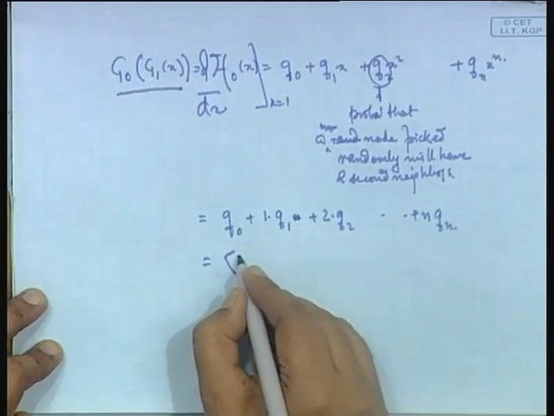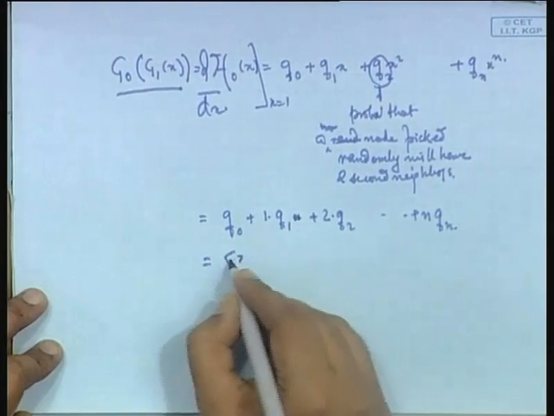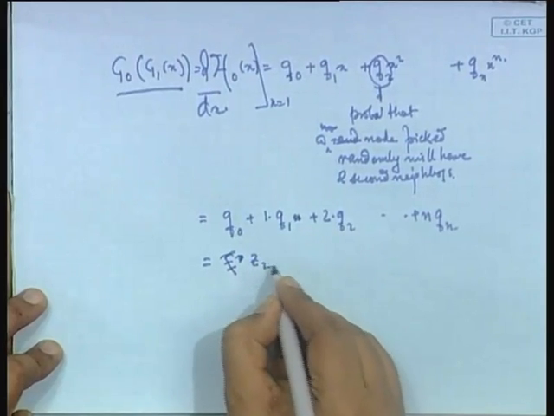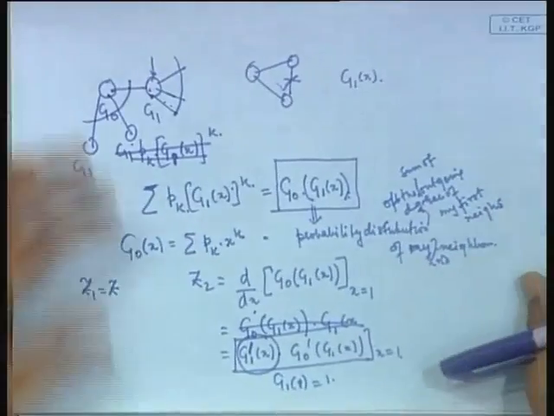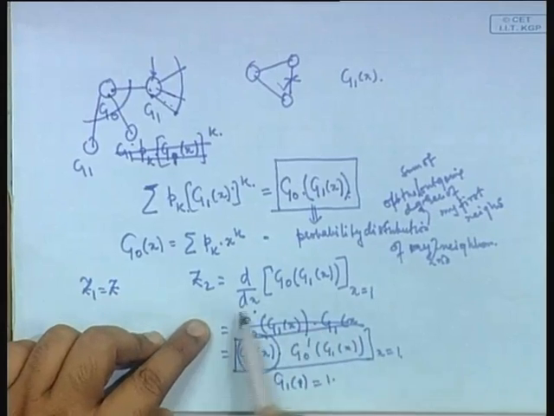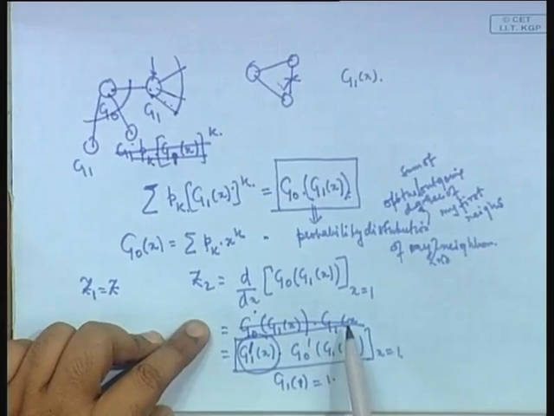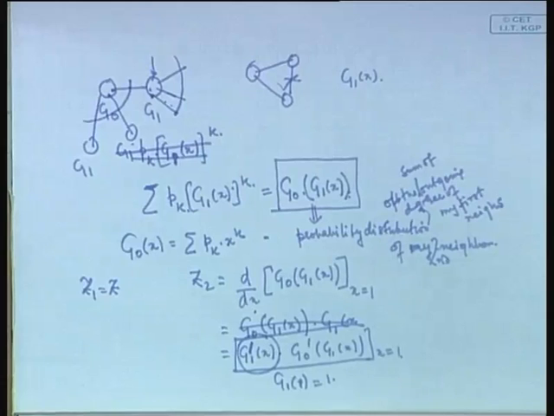The average second neighbors I will have. Is this clear? Once you have this concept, the other thing is easy, it comes simply from a little algebra. In this way you can go on finding the third neighbor, the fourth neighbor.